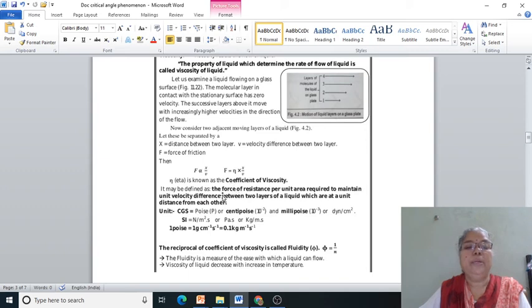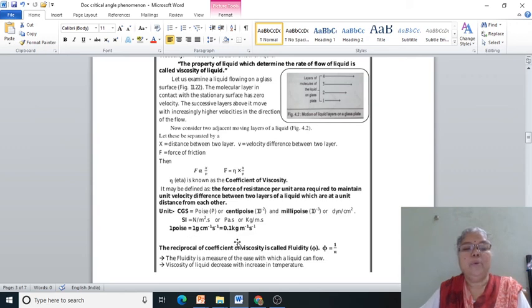The CGS unit of viscosity is poise, denoted by letter P, or centipoise or millipoise, or dynes per centimeter square. And the SI unit of viscosity is Newton per meter square into second. It is also called Pascal second, or kilogram per meter per second.